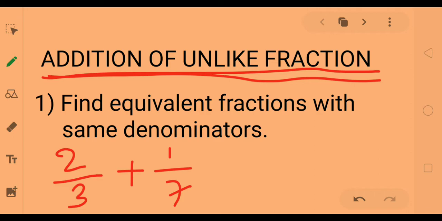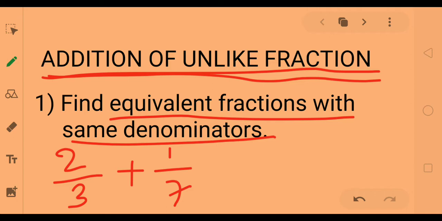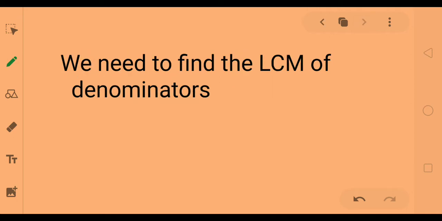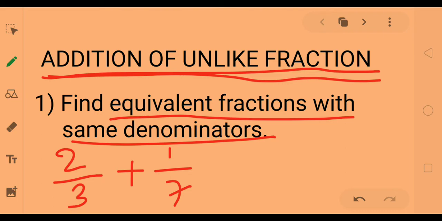For that, what we are doing is that we will take an equivalent fraction with the same denominator. We will take an equivalent fraction with the same denominators of this given fraction. So for that, we have to find the LCM of the denominators. So here the fractions are 2 upon 3 plus 1 upon 7.